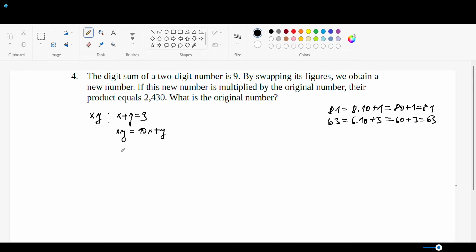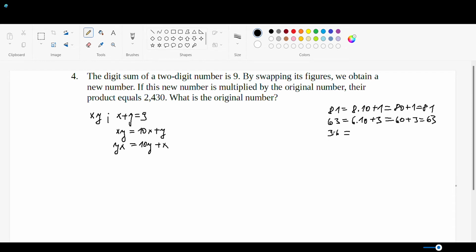Now, another fact that comes from the assignment is that if we swap the figures of the original number, what basically does this mean? It means that my number will be changed to number yx, and this number then can be written like 10y plus x. So for example, let's take 63 and we swap the digits, so the number is now represented as 36.